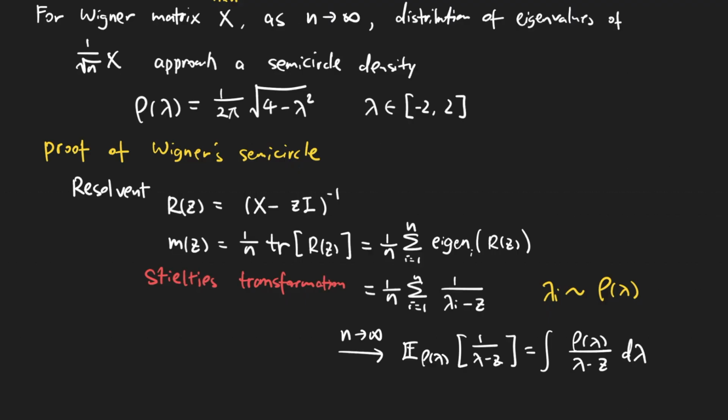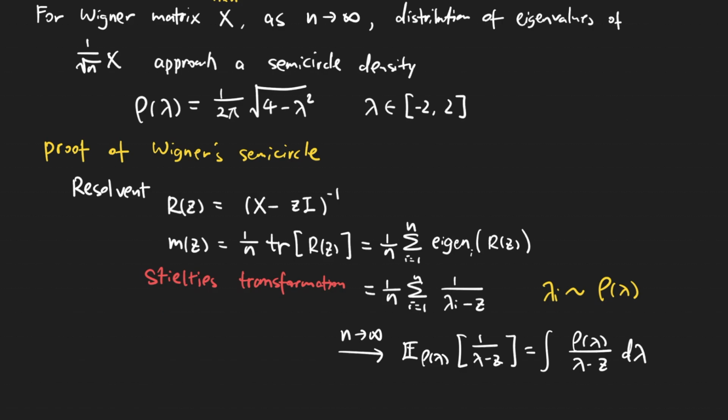You can think of this as resembling the Fourier transform, Laplace transform, or the generating function, right? Basically, we just transform the space from lambda to z with this resolvent technique and the Stieltjes transformation.